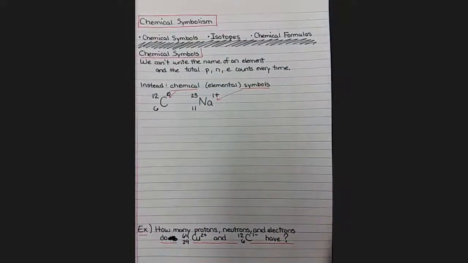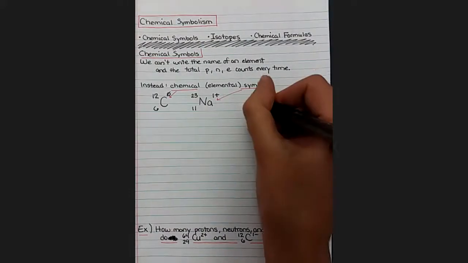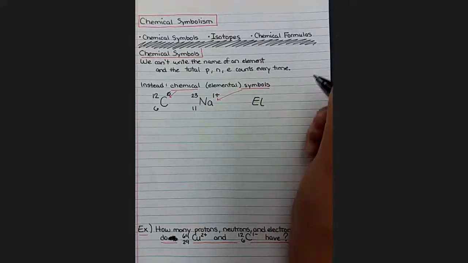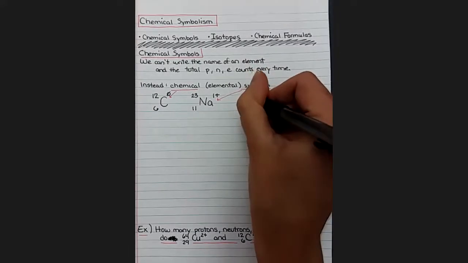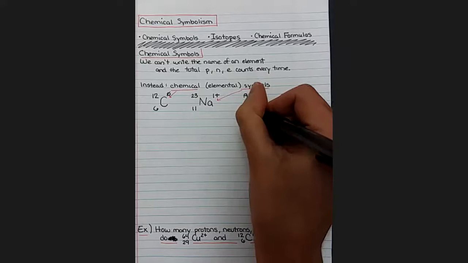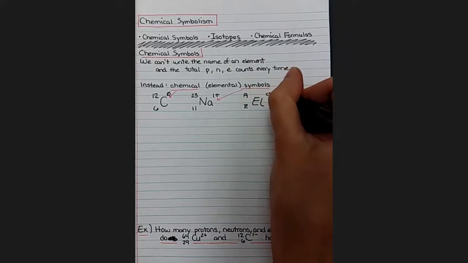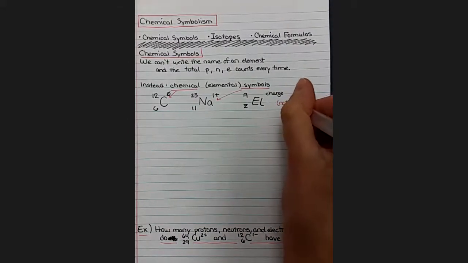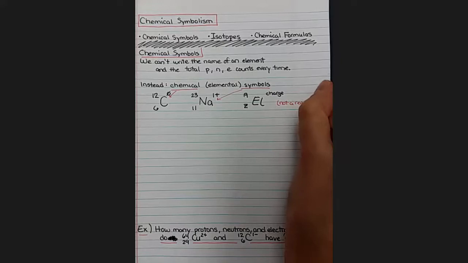So we'll talk a little bit more about what these different numbers mean. I'm also going to include a made-up element, EL, for element, so we can talk about the generic name for each of these numbers. Not a real element.